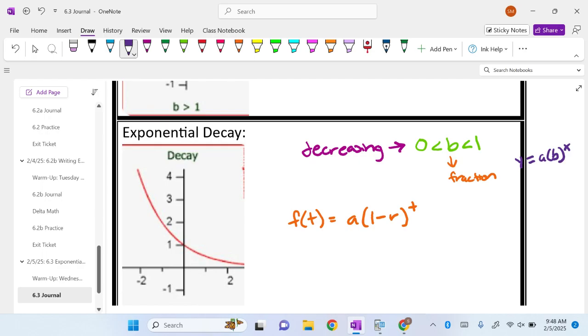What would give me my b value for exponential decay? So guys, what was it for exponential growth that gave us the b value? 1 plus r. So on the flip side, for exponential decay, the b value would be equal to 1 minus r. So 1 minus r gives me my b value.